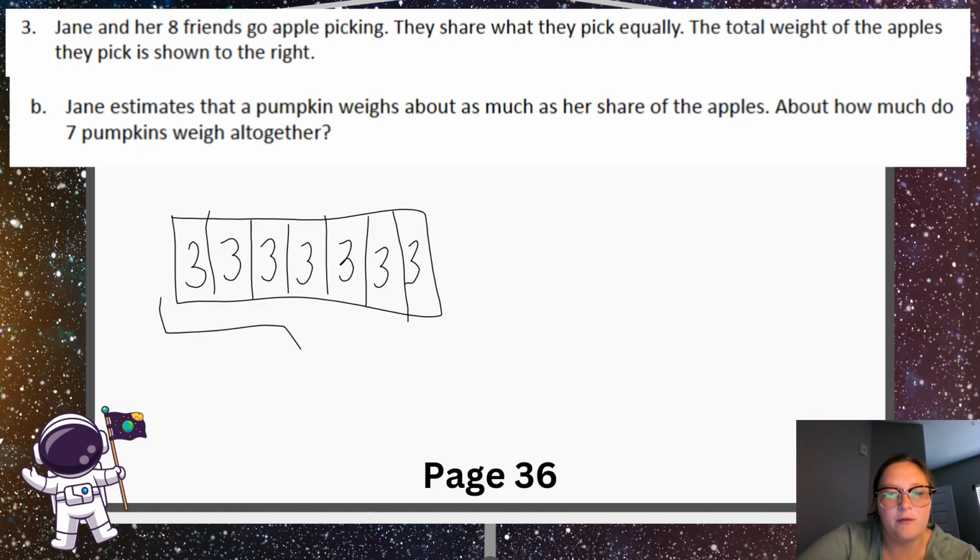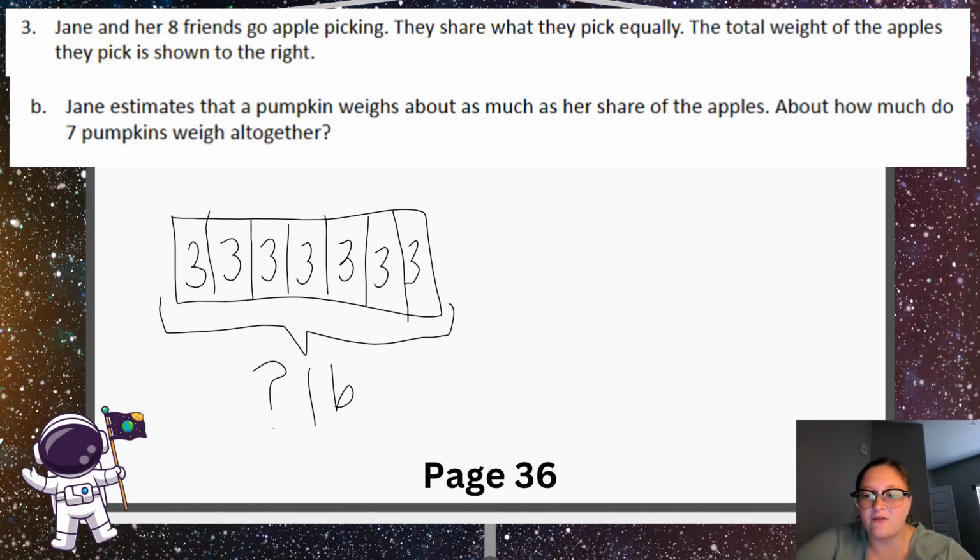And now I am going to look for what my total pounds are for all 7 pumpkins. That means I'm multiplying 7 times 3. Let's go ahead and skip count by 3s to find out what our answer is. We have 3, 6, 9, 12, 15, 18, 21.